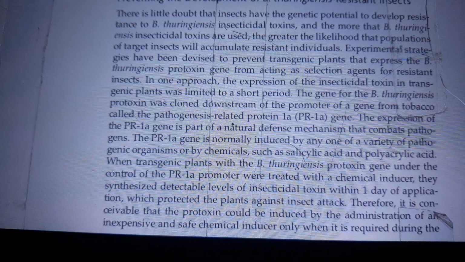The PR1A gene is normally induced by any one of a variety of pathogenic organisms or by chemicals such as salicylic acid and polyacrylic acid. When transgenic plants with the Bacillus thuringiensis protoxin gene under the control of the PR1A promoter were treated with a chemical inducer, they synthesized detectable levels of insecticidal toxin within 1 day of application, which protected the plants against insect attack.